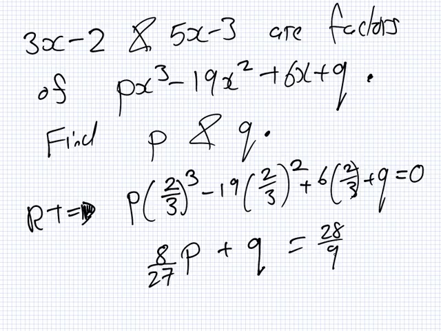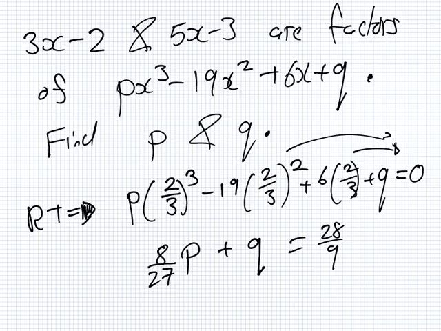Not 28 over 9? When you take these two to the other side. No, what did you get over there? I didn't get the 40 also. 19 bracket 2 over 3 squared minus 6 bracket 2 over 3.